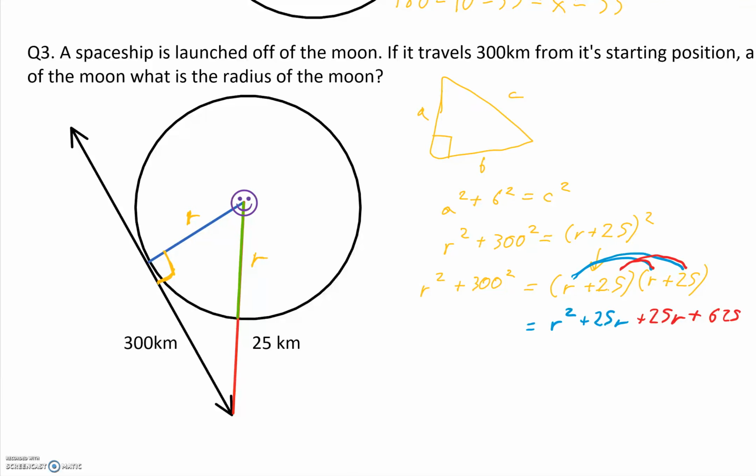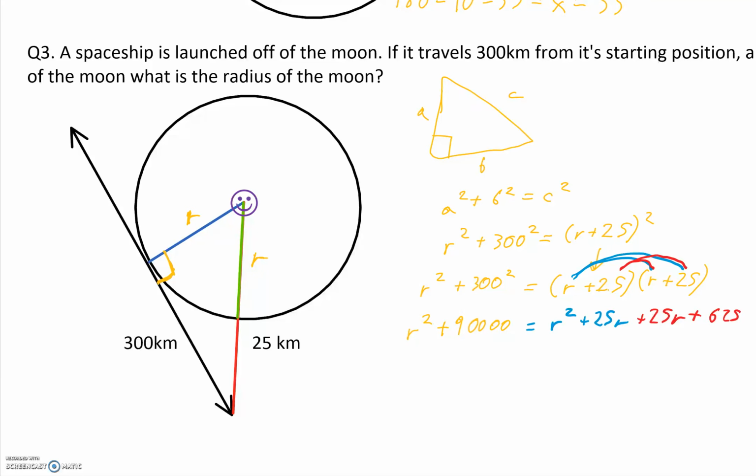Okay, let's try the other side. We have R squared. We can't do anything to simplify that, but we can simplify 300 squared. So 3 times 3 is 9, and we add all the zeros. So 1, 2, 3, 4 zeros. So you could plug it into your calculator, or you can do it this way. Okay, so this is what we have so far.